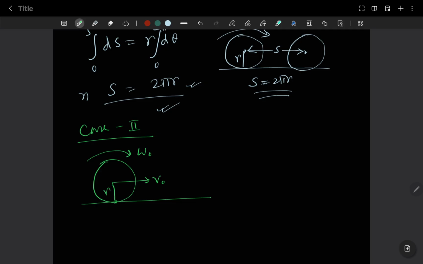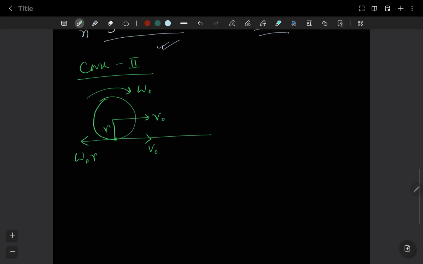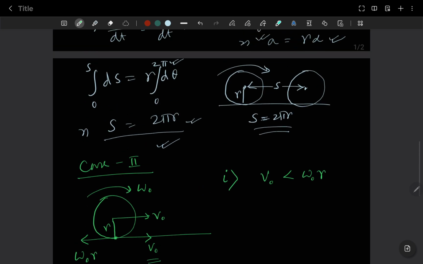So the bottommost point will have a velocity v0 in the forward direction, and in the backward direction it will have omega 0 r. Now if v0 is lesser than omega 0 r, the bottommost point, this velocity is greater, this one is smaller, so the bottommost point will now have a backward slip.